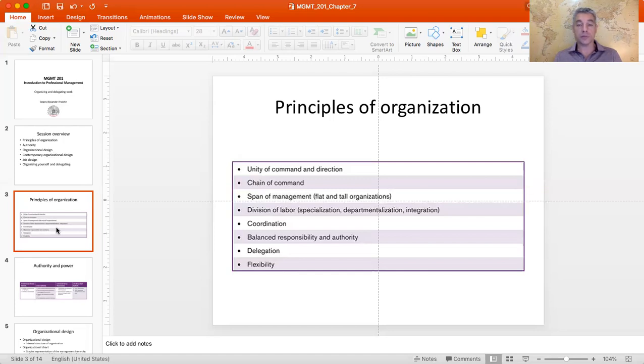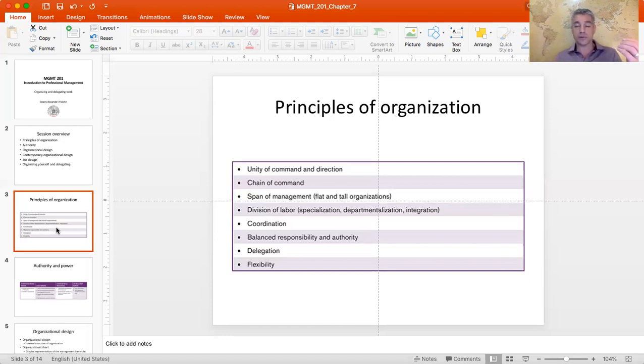So there has to be this clear understanding of who reports to whom, and each person should only be reporting to one other individual. If you look at the entire relationship of who reports to whom, that gives you an idea of a chain of command, right?